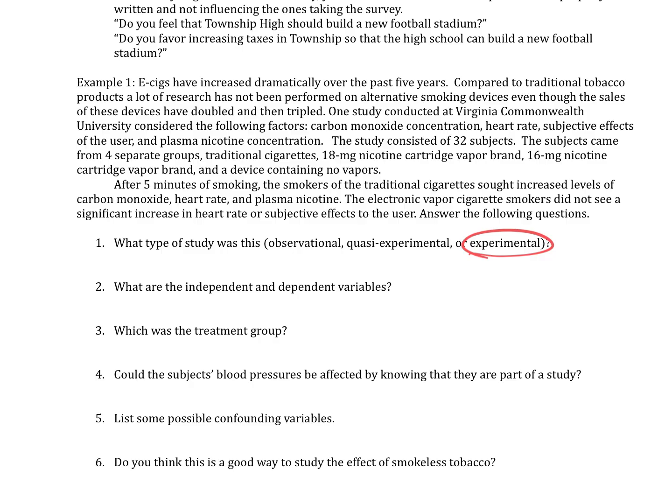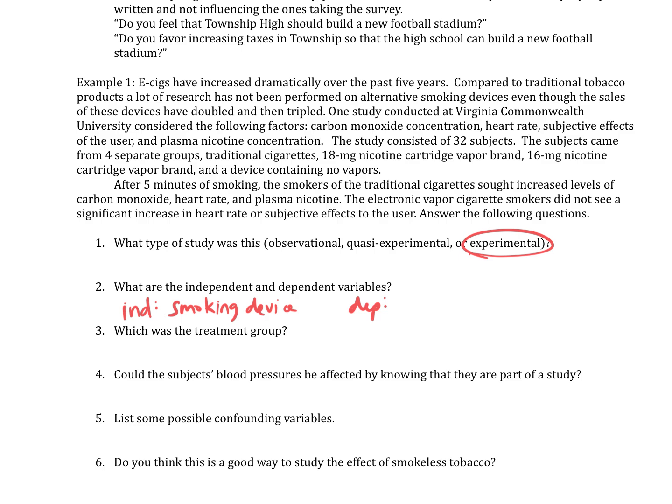What are the independent and dependent variables? So independent, what was being changed? Smoking device, perfect. That based off of when the study occurred. So I'm looking at a study from 10 years ago.